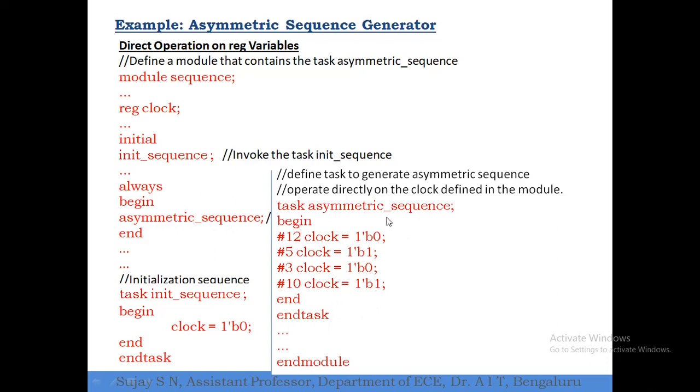Okay, this is a simple example of using a task with direct operation on register variables. The register variable we declared within our main module is the same register we use within the task.